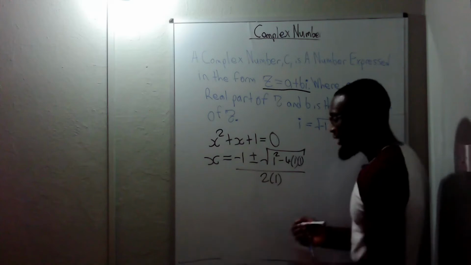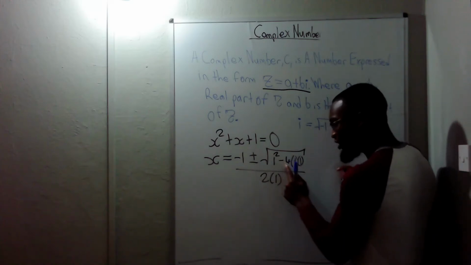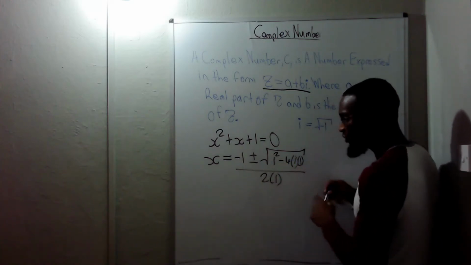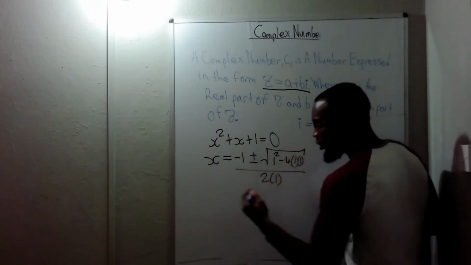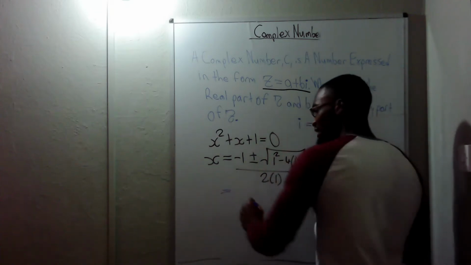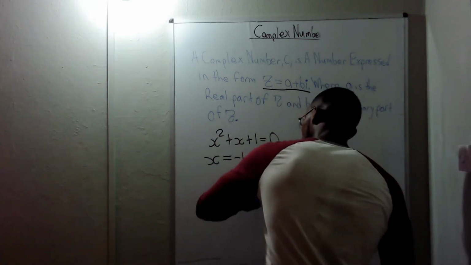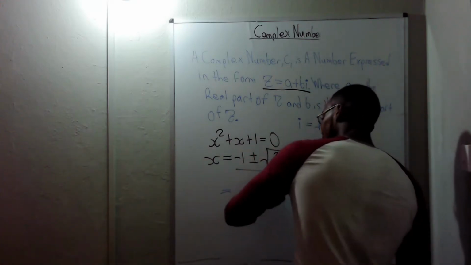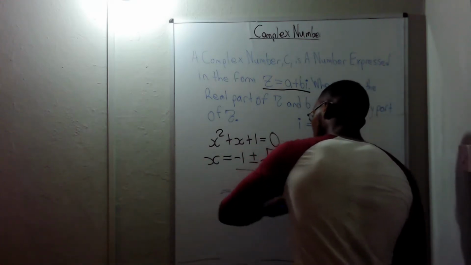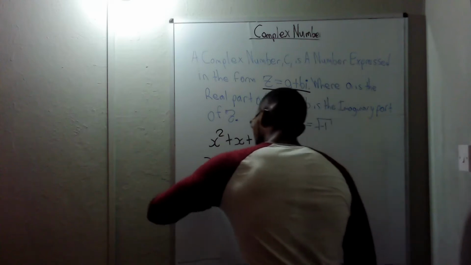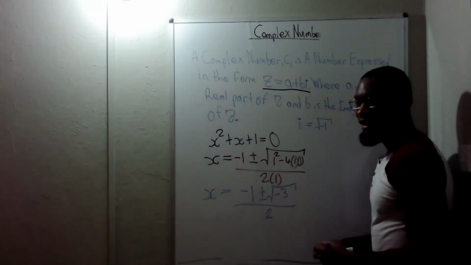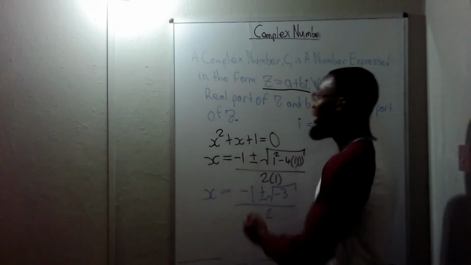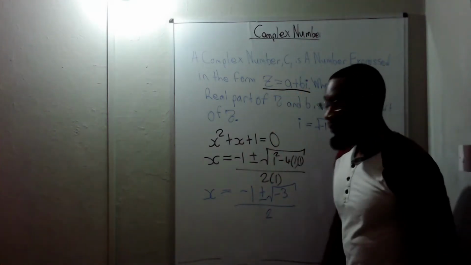Now when we do this, 4 times 1 is 4. 1 minus 4 inside here makes x equal to minus 1 plus or minus the square root of 1 minus 4, which is negative 3, all over 2. So we just want to show you how this real part and imaginary part come about.